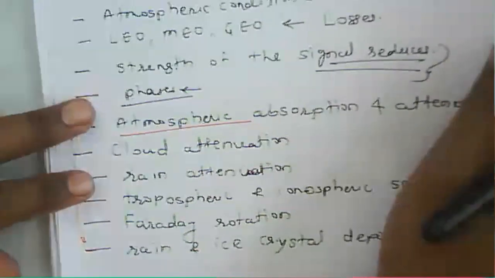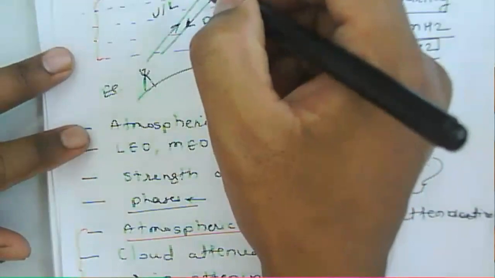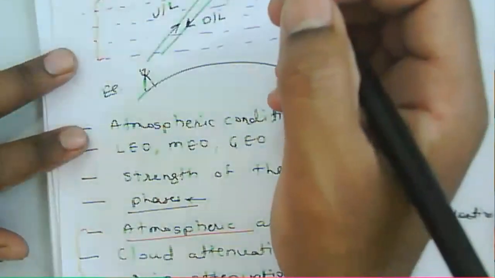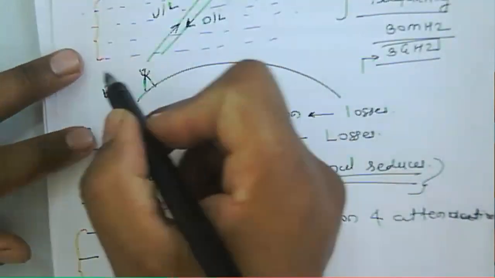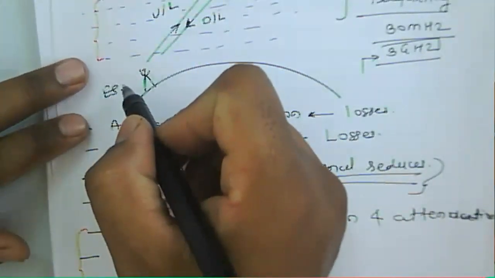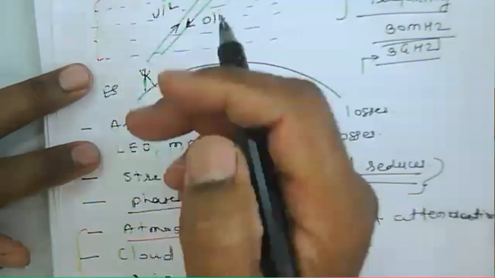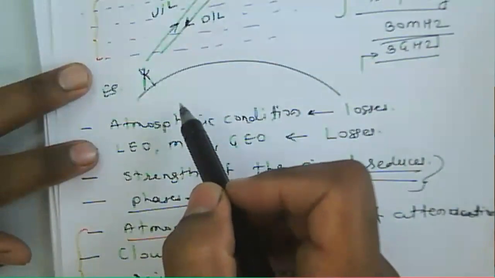So a simple example, as I told you earlier, you people have a dish at home, but due to the rain or the cloud, the receiver, meaning the dish TV at home, which acts as a receiver, is not able to receive the signal from the satellite because of the cloud and rain.